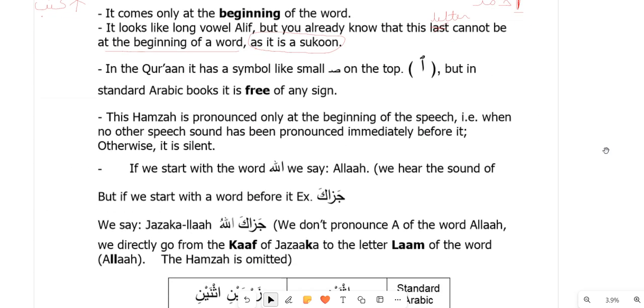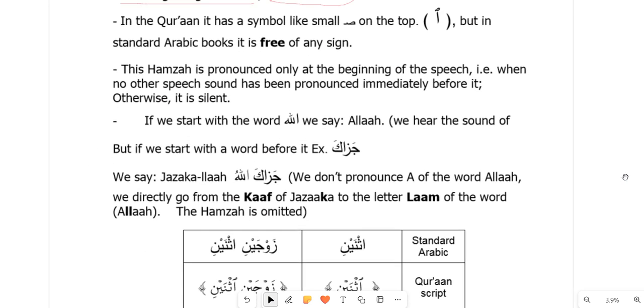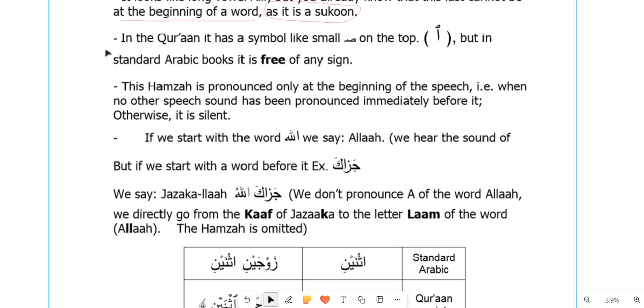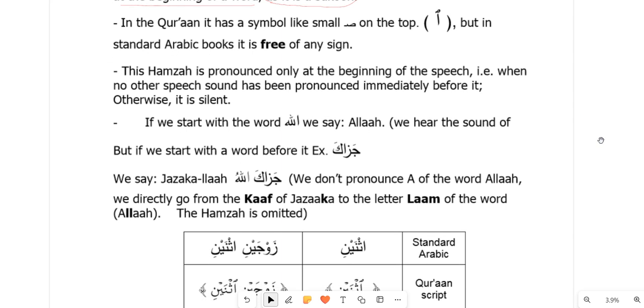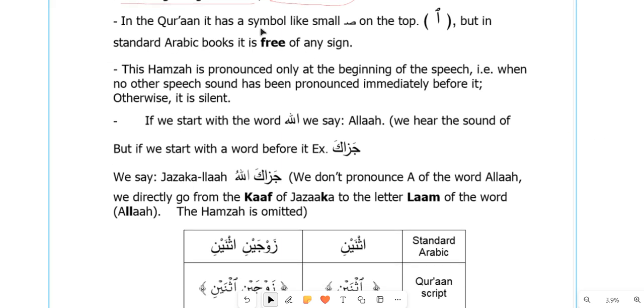As I have always repeated, hamzatul wasl. Okay, in the Quran, it has a symbol like a small sad coming on top of alif. So actually the Quranic script is much better to read because it already has a sign to tell you that it is hamzatul wasl. So you may not get confused.